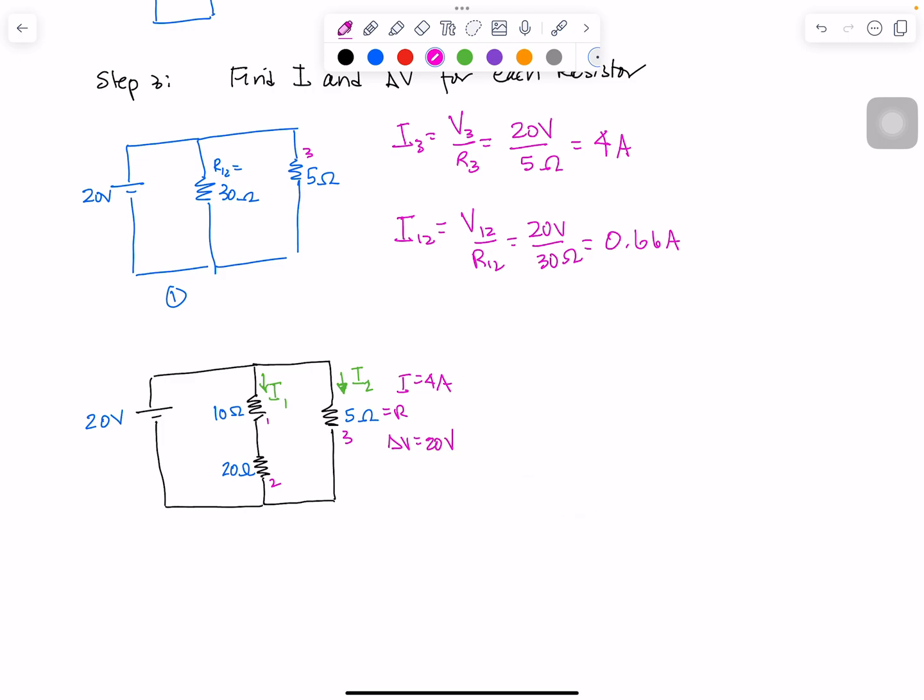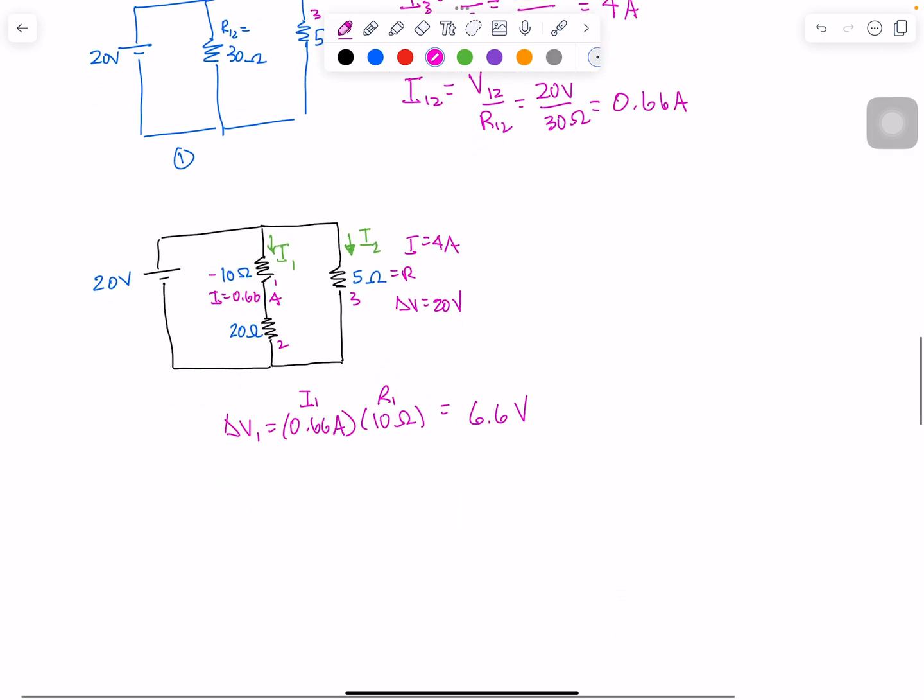Now I need to do each of the individual resistors. So I know that the current through here, I is equal to 0.66 amps. And so delta V1 is going to be 0.66 amps, which is the current, so that's I1, times 10 ohms. This is R1. And so that gives me 6.6 volts.